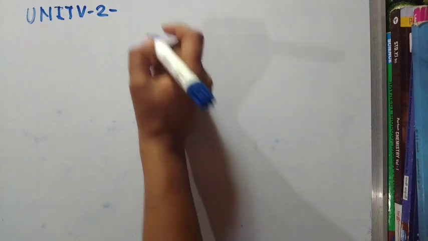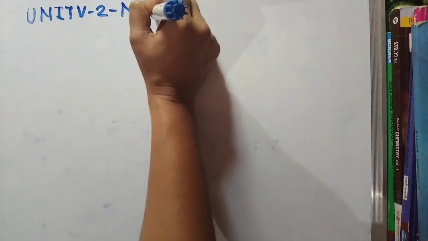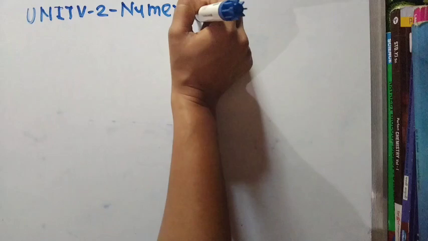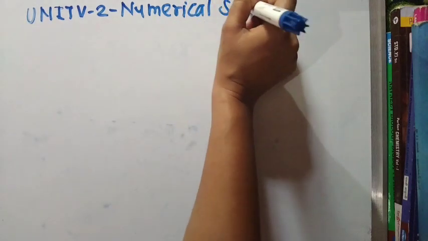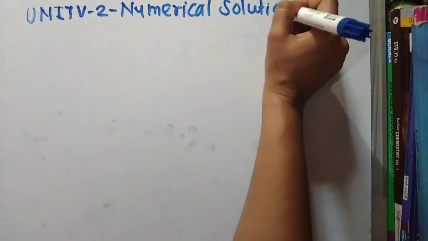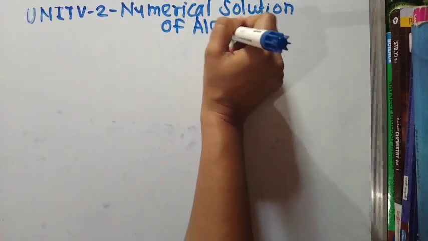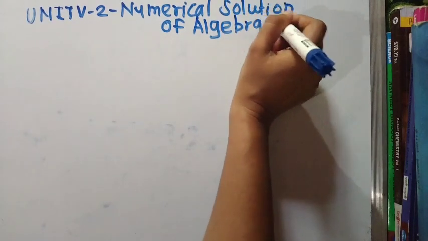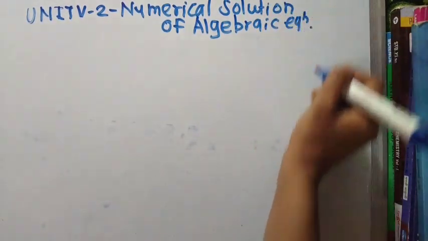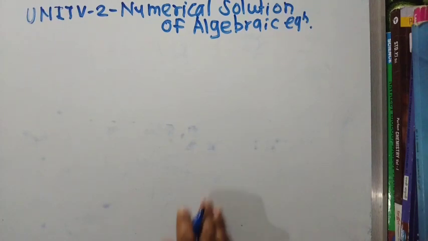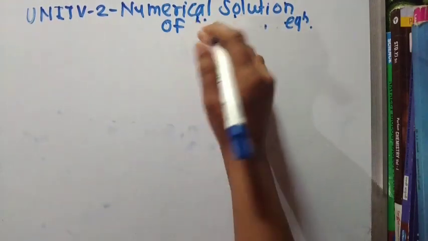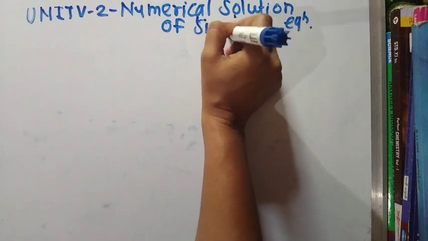Studied Unit 5. Unit 5, second chapter, is numerical solution of algebraic equation of simultaneous equation.